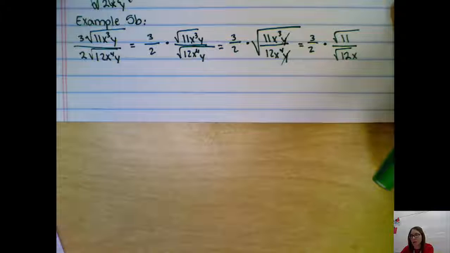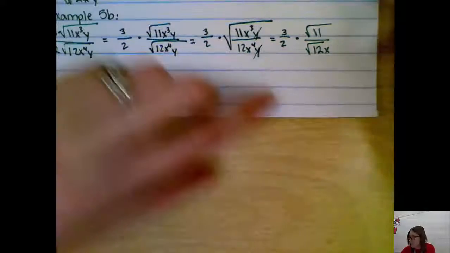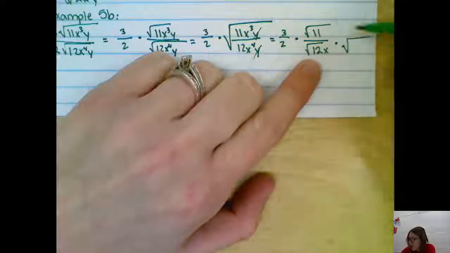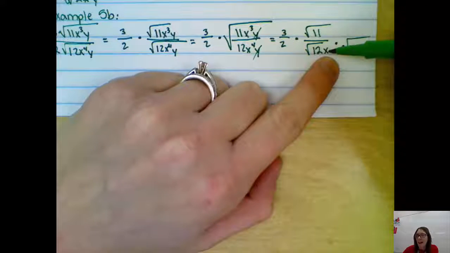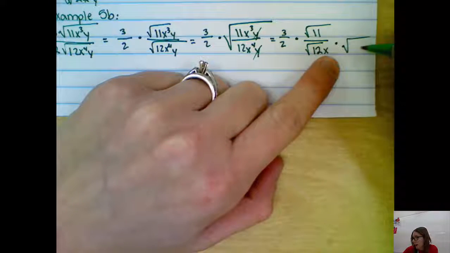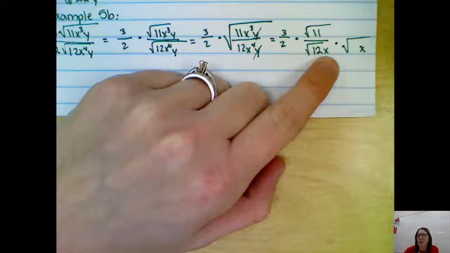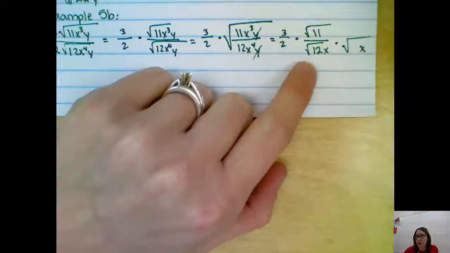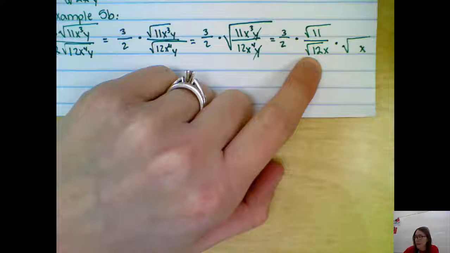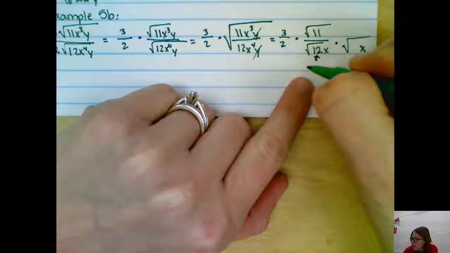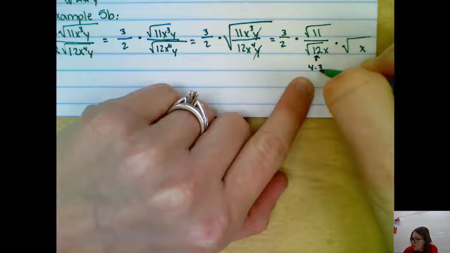Now, to simplify our square root of 12, while rationalizing our denominator at the same time, let's think about what we'd have to multiply by in order to rationalize. First of all, I have a square root of x. I need to multiply by another square root of x so that I get the square root of x squared, and I can do that nicely. Then the square root of 12 here, well, 12 is 4 times 3.